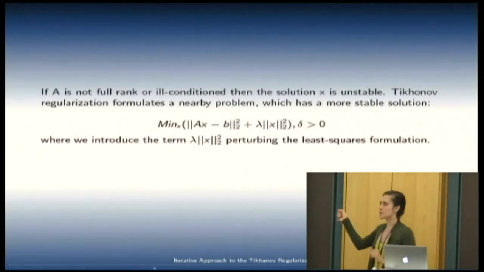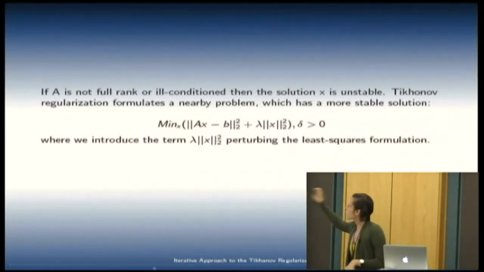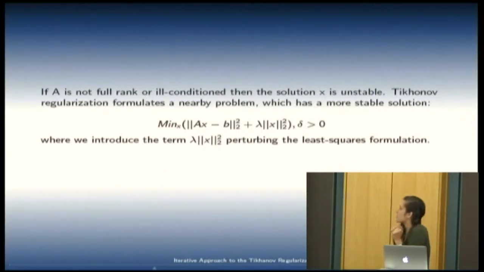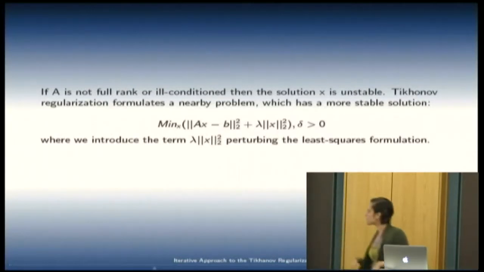They'll add a lambda x, and that extra little constraint makes the problem more stable by pulling some of the weight of the problem away from AX minus B. So the larger lambda is, the more you're pulling away from the AX minus B. And when lambda is 0, you're going back to the original solution.